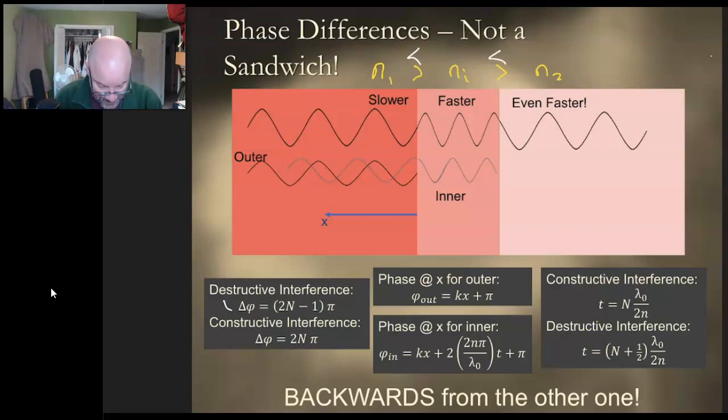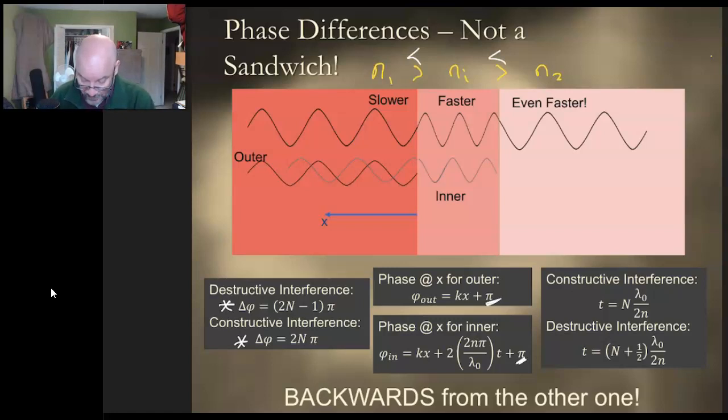Destructive depends on having an odd number of pi, 1 pi, 3 pi, 5 pi, etc., and constructive depends on phase differences being even numbers of pi, 2 pi, 4 pi, 6 pi, etc. The phase outside, where we go from slower to faster, this time actually doesn't have the pi on there. Well, it depends. If we're slowing down, it's going to be on there. So that part is optional.